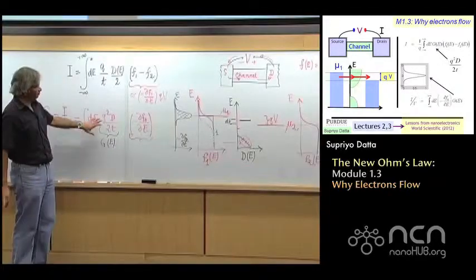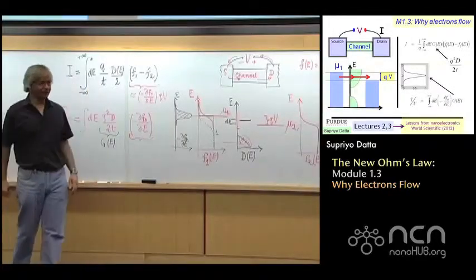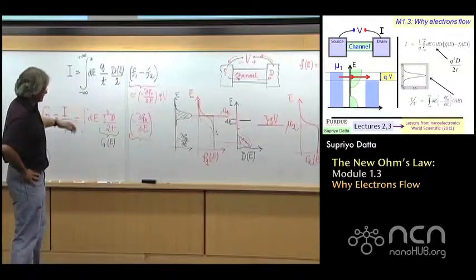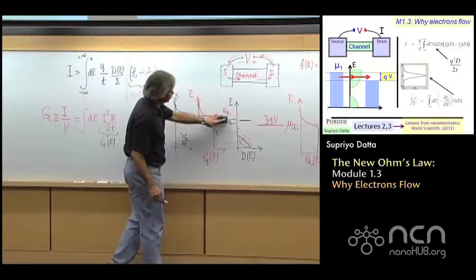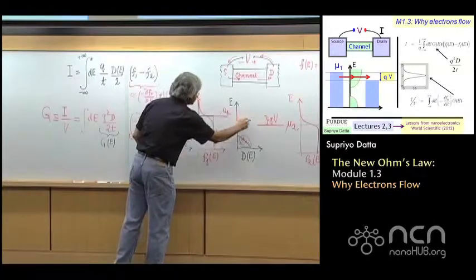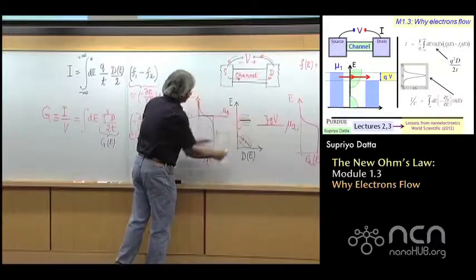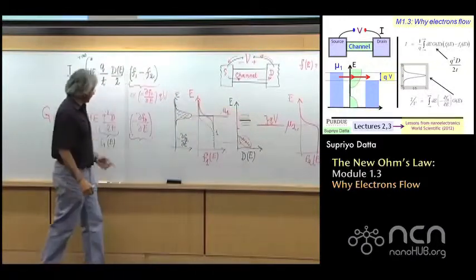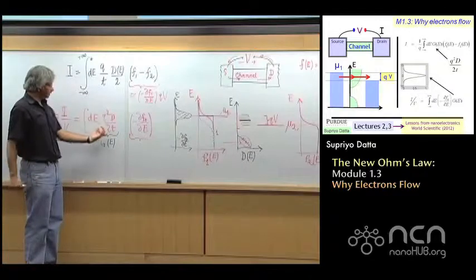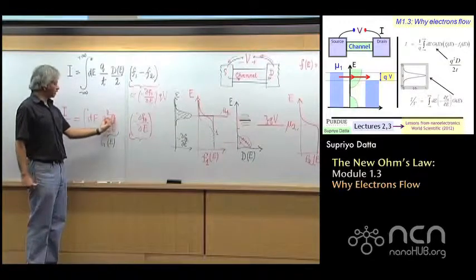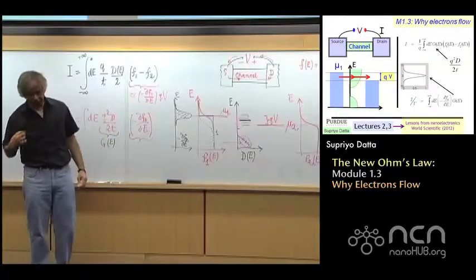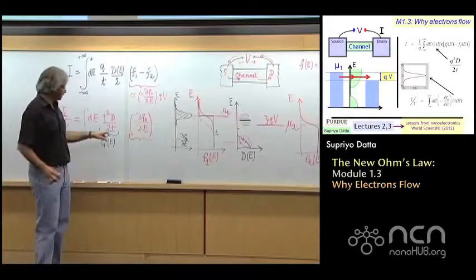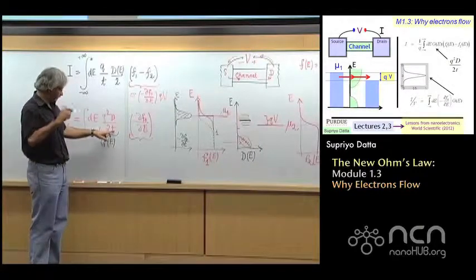So, the way you can think about it, the takeaway message from what we did in this module so far is that you can think of this current flow as proceeding through different levels at different energies, and at any energy the conductance is like Q squared D over 2T, where D is the density of states at that energy, T is the time it takes for an electron to get from left to right through that level.